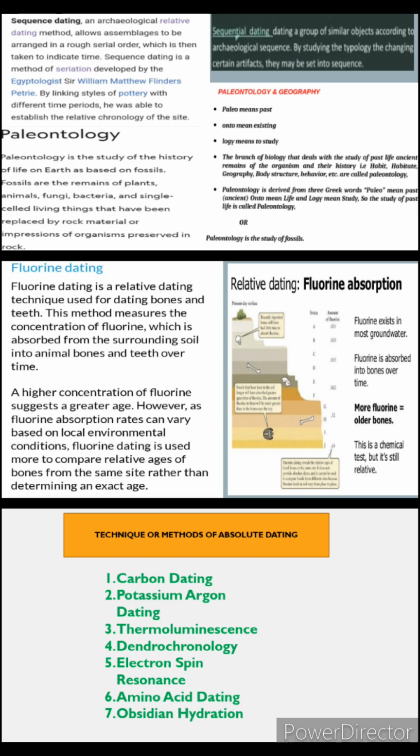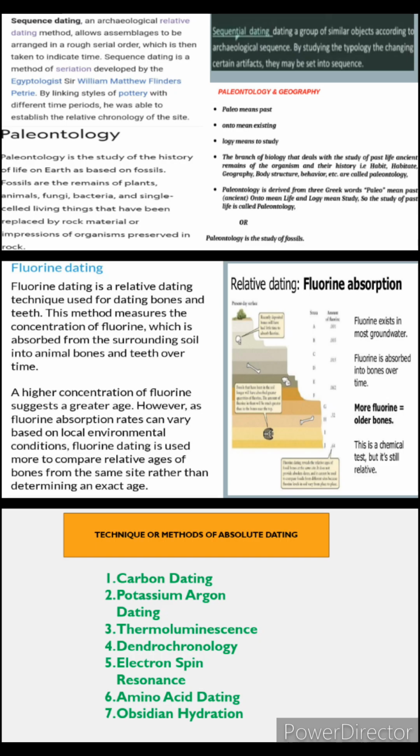A higher concentration of fluorine suggests a greater age, and a lower concentration suggests a younger age. However, as fluorine absorption rates can vary based on local environmental conditions, fluorine dating is used more to compare the relative age of bones from the same site rather than to determine the exact age. So it is a technique of relative dating.